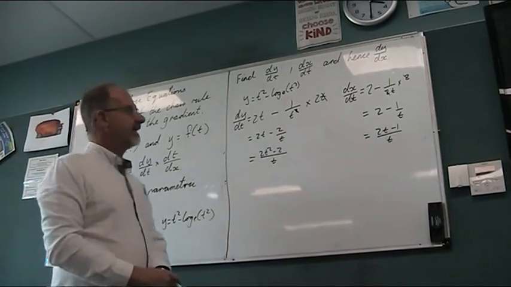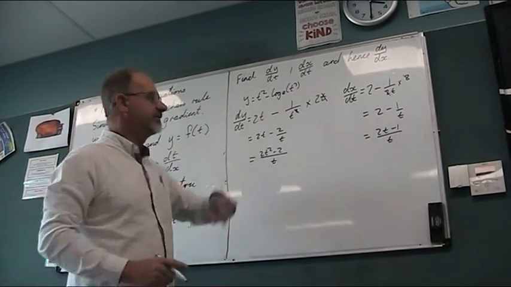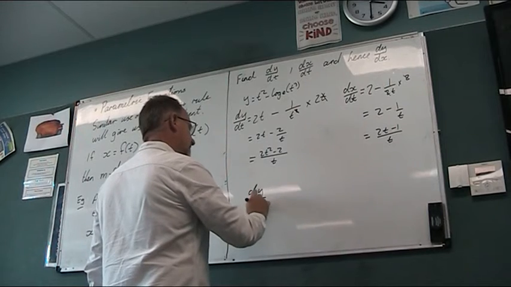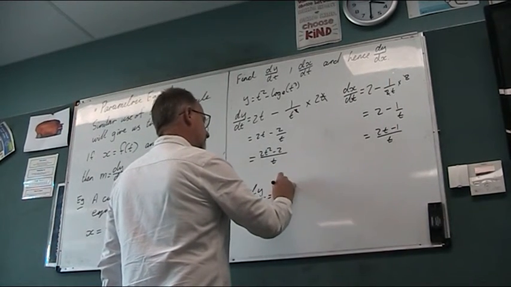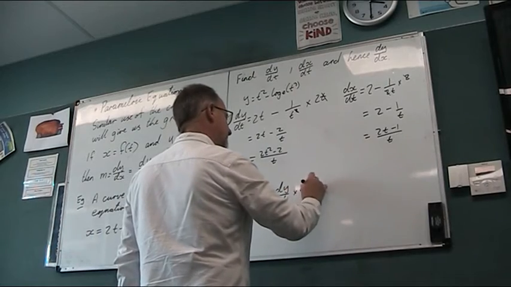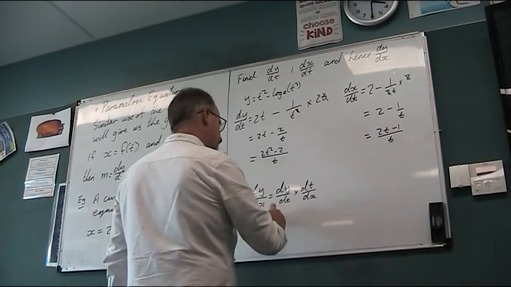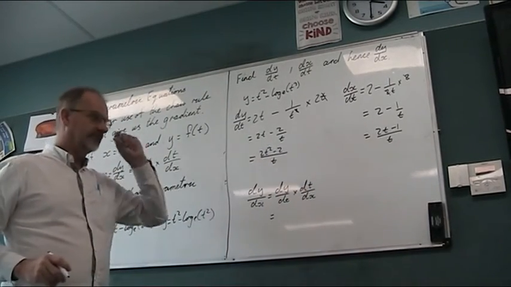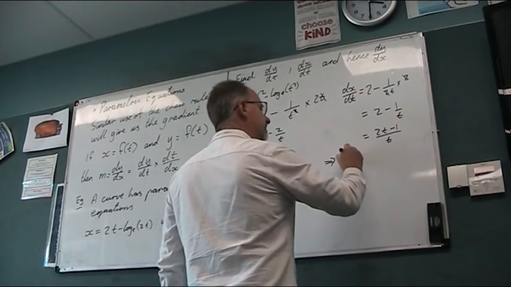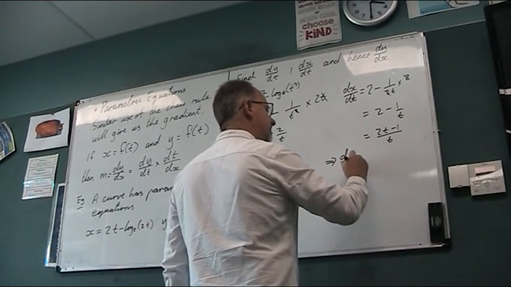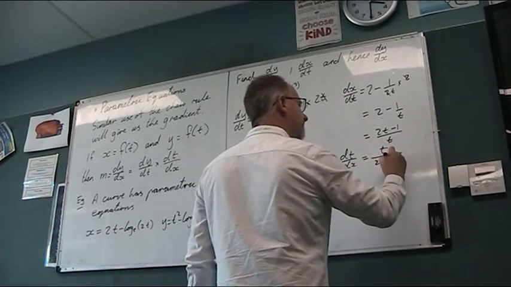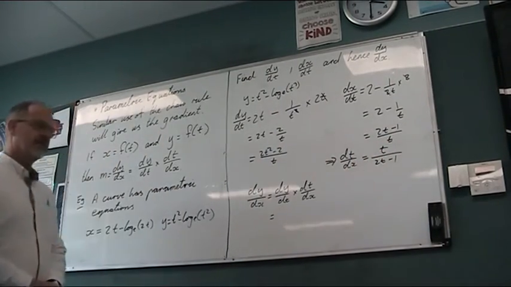All right, so I found dx/dt, and it says hence find dy/dx. So dy/dx is dy/dt times dt/dx. We've got the dy/dt bit, but we need dt/dx, and that's simply a matter of flipping that over.